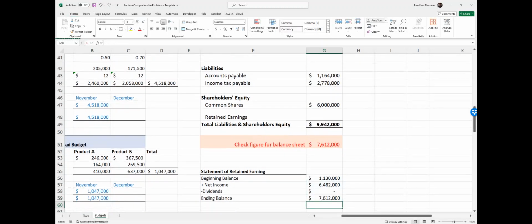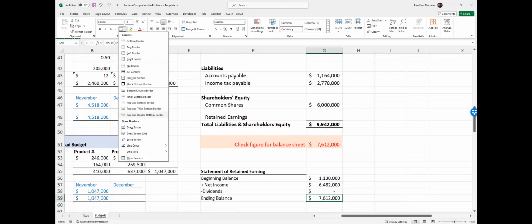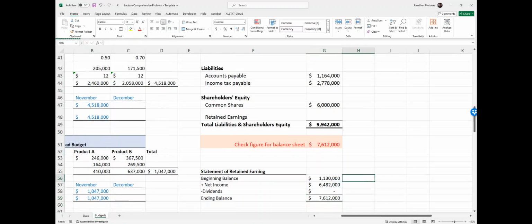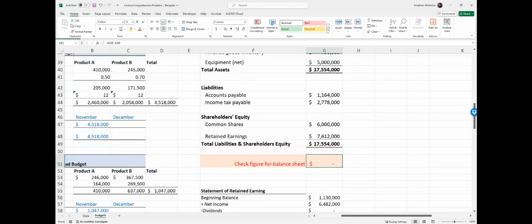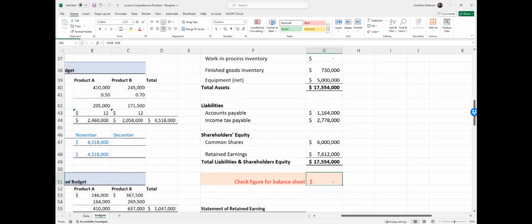And so your ending balance. So therefore your retained earnings is 7,612,000. And you can see that my balance sheet balances, and therefore that's it with the balance sheet.